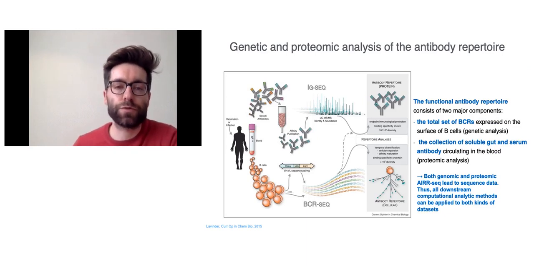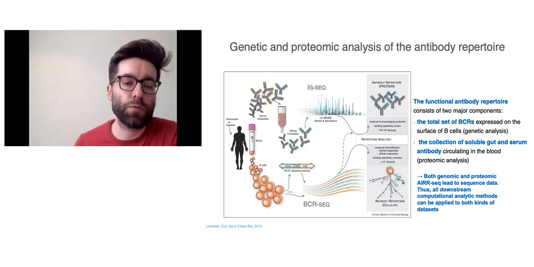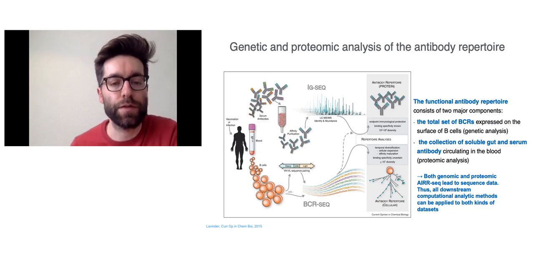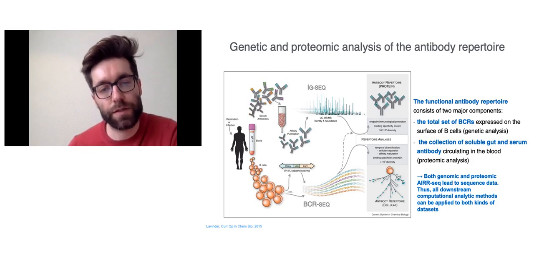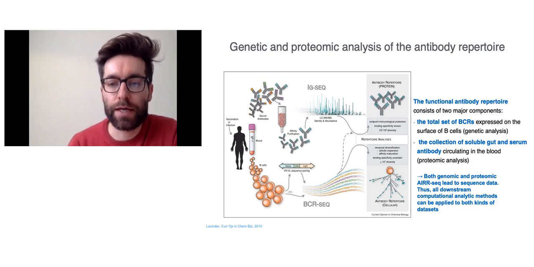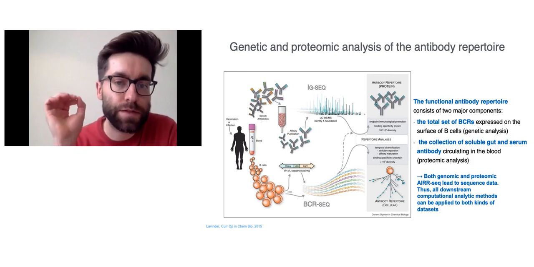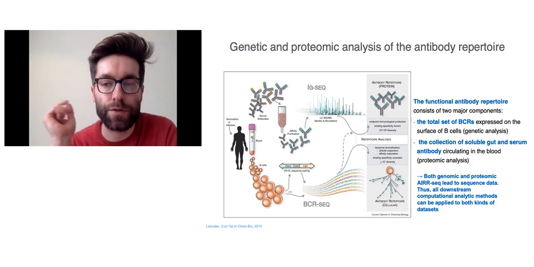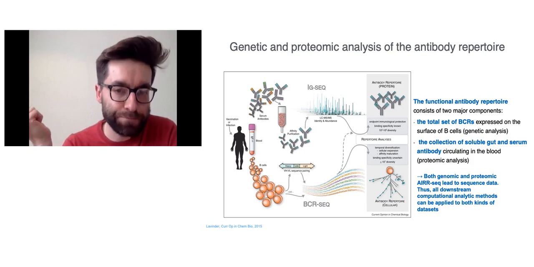One thing that I also want to stress is that many people in the B cell receptor field mostly work on B cell receptor sequencing, so on the DNA or RNA level, whereas there's also the antibody side, so the proteomic side, because antibodies are proteins, right? And in order to get to the sequence diversity of the circulating gut or serum antibody repertoire, people have used proteomics.